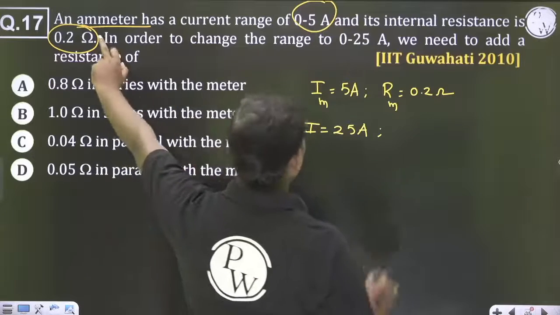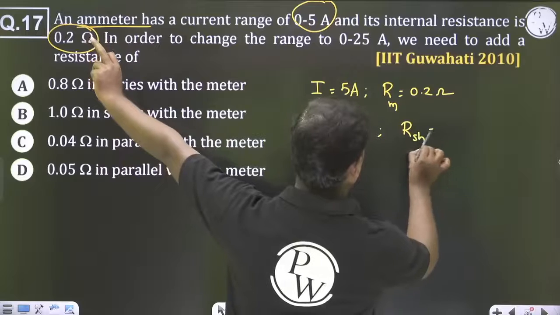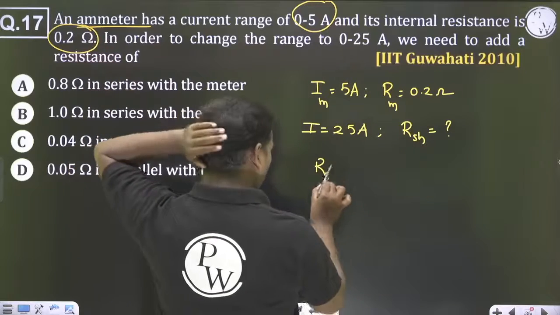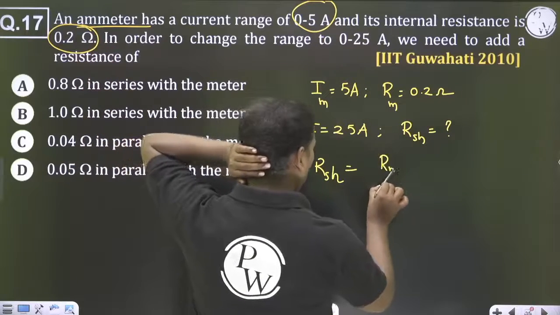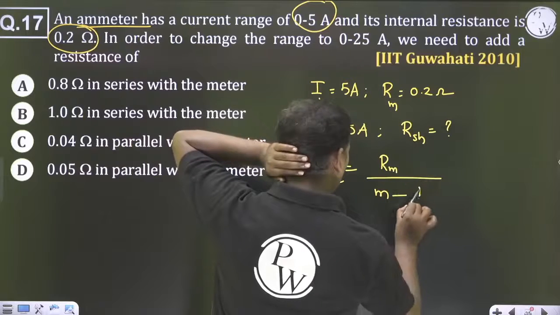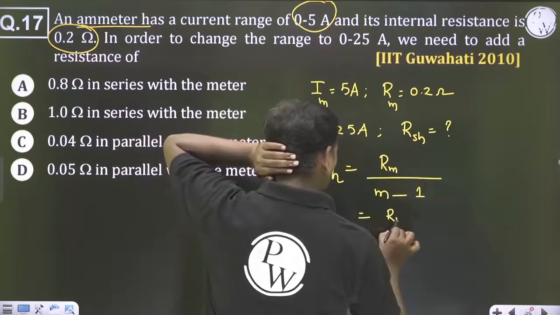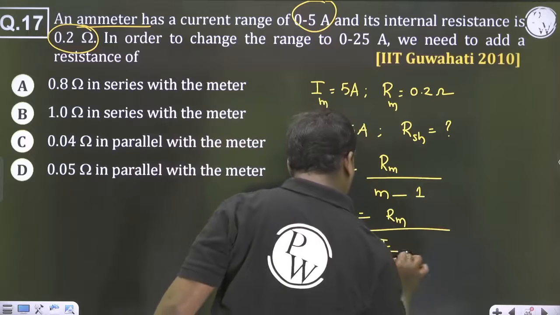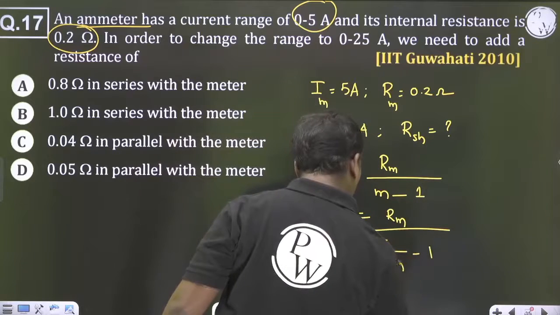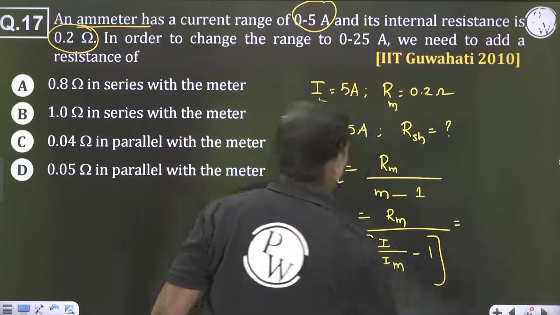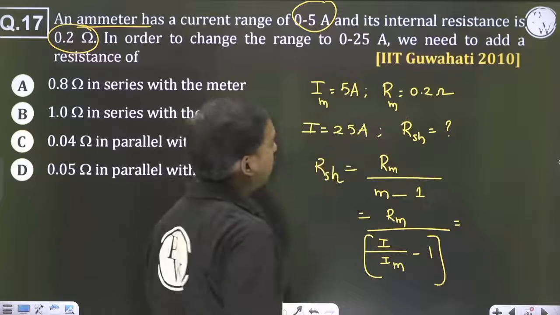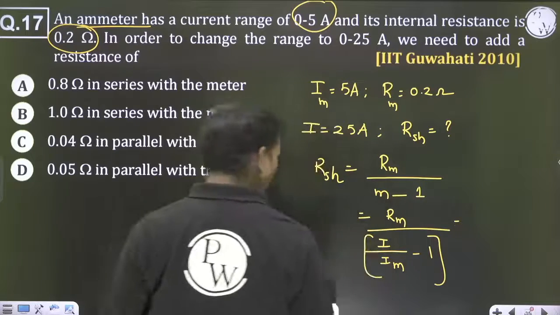So ammeter, so it is asking the RSH. Quickly. RSH is equal to RM by I by IM minus 1. RM is given as 0.2 ohms.